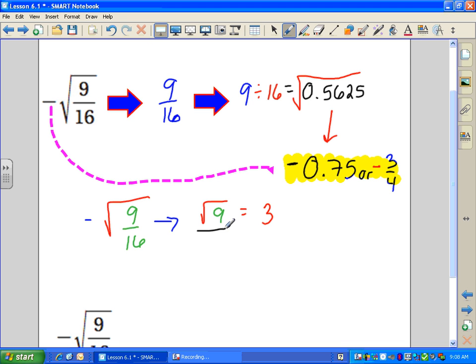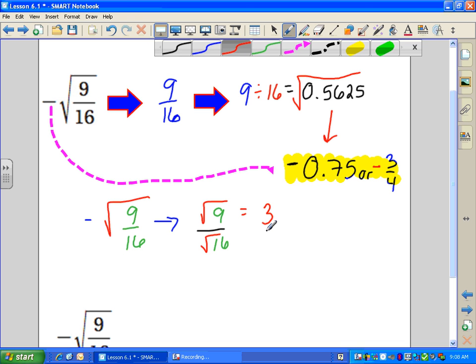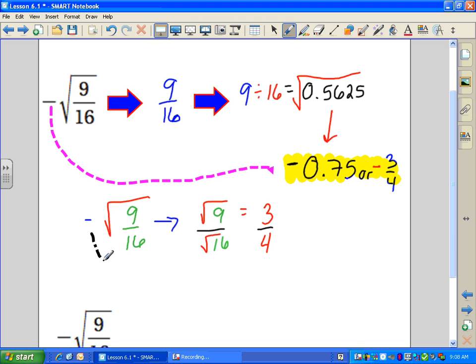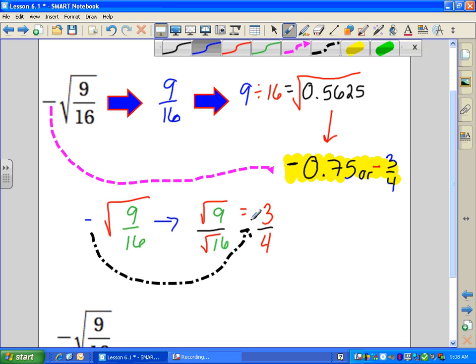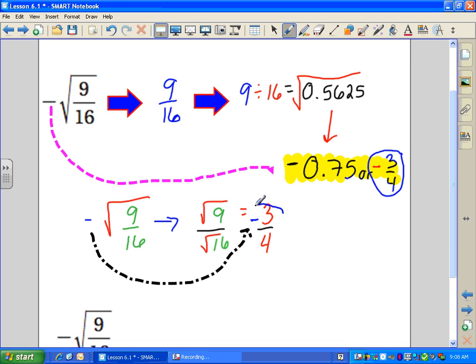What is the square root of 16? 4 times 4 is 16. Put your fraction bar, and don't forget, can't forget about those Cubbies' loss. We'd like to, but we can't do it. Notice I have the same answers.